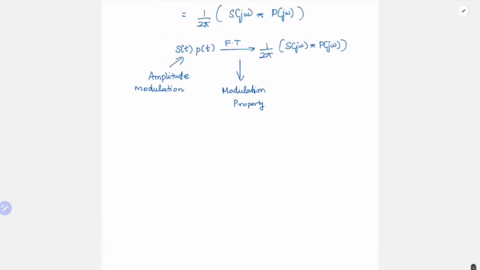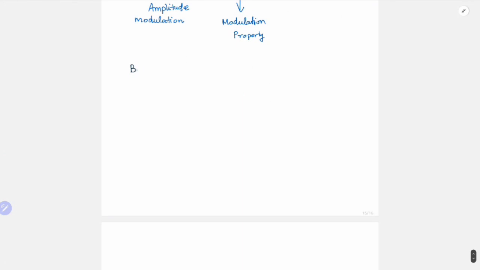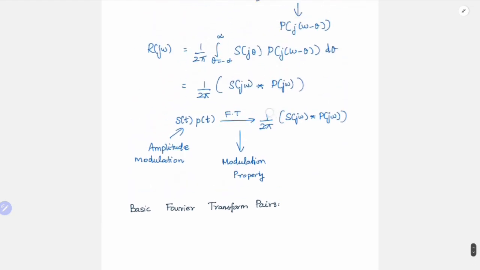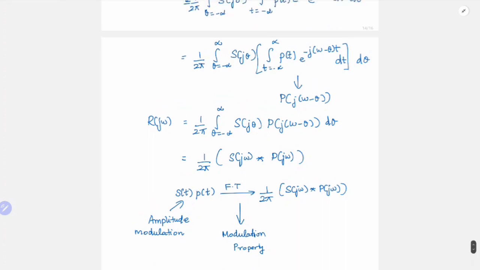So now let us see some of the basic Fourier transform pairs. Again, with respect to the properties, you actually needn't memorize anything, because everything can be derived from this basic equation, right? The Fourier transform equation and the inverse Fourier transform equation.